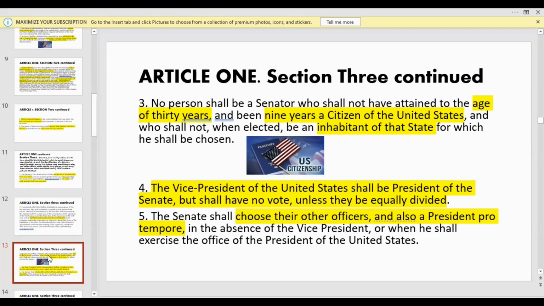The president of the Senate, who is vice president of the United States, can cast the deciding vote. But here, there's a flaw in the separation of powers issue. The vice president is now being mentioned here in Article 1, the legislative branch. Is he an Article 1 officer?